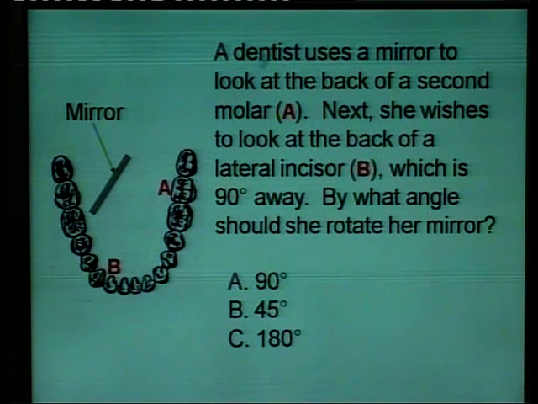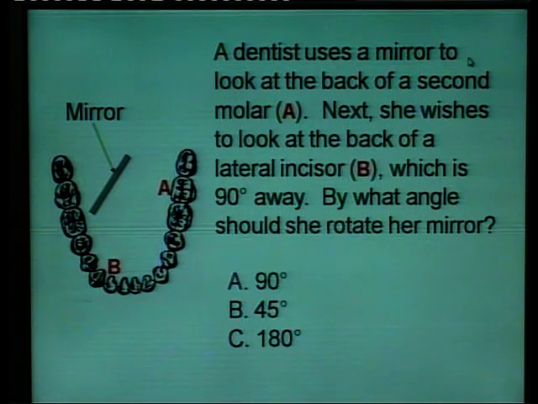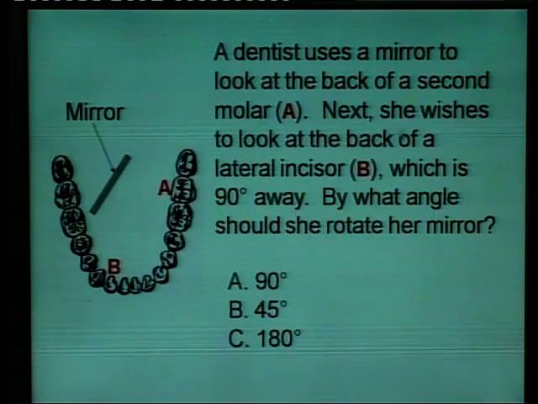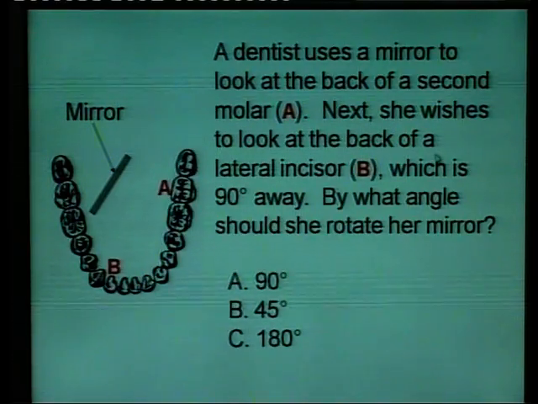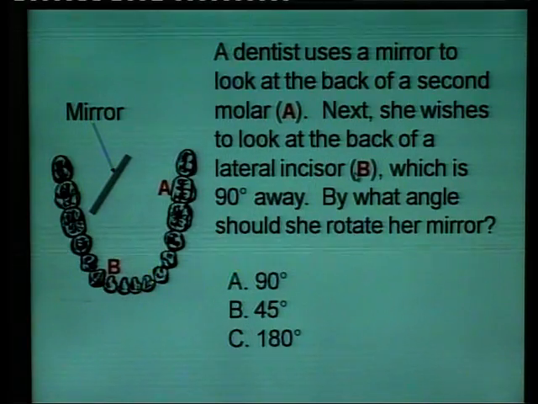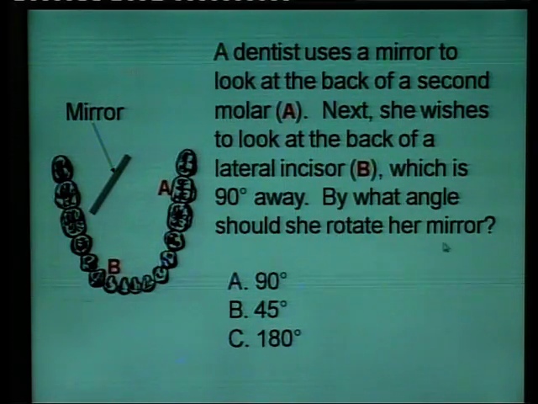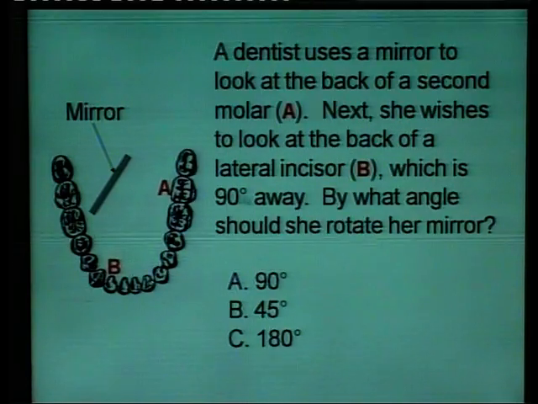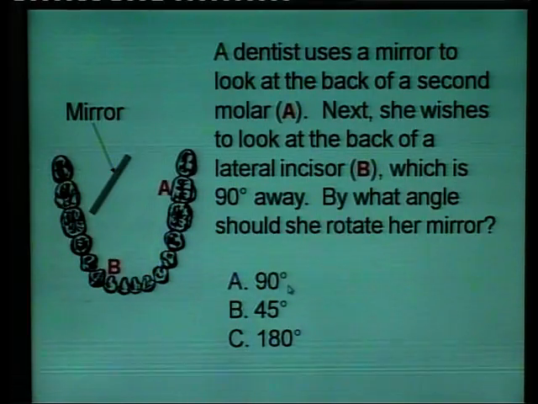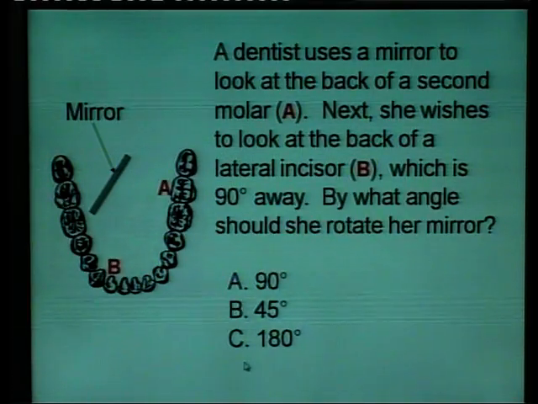Next question: a dentist uses a mirror to look at the back of a second molar, A. Next she wishes to look at the back of a lateral incisor, B, which is 90 degrees away. By what angle should she rotate her mirror? Options are A, 90 degrees, B, 45 degrees, and C, 180 degrees.